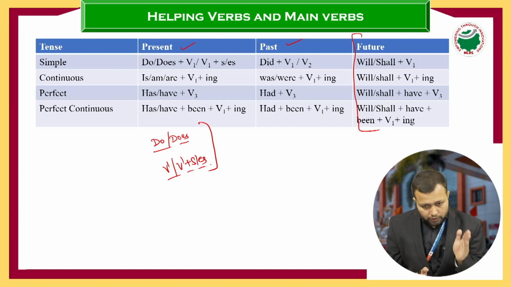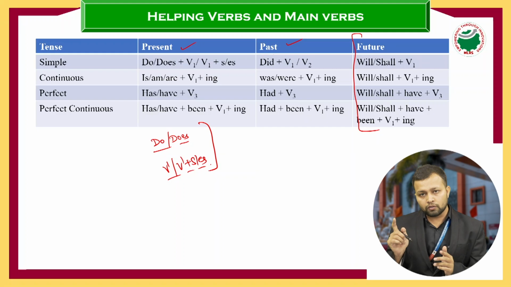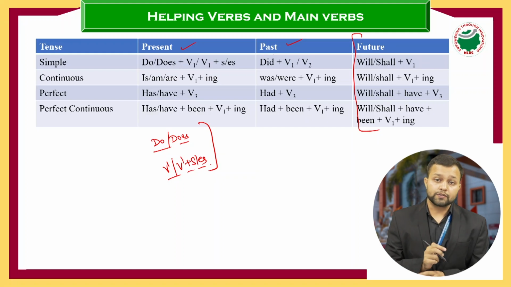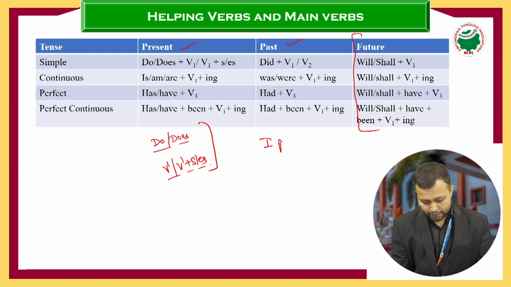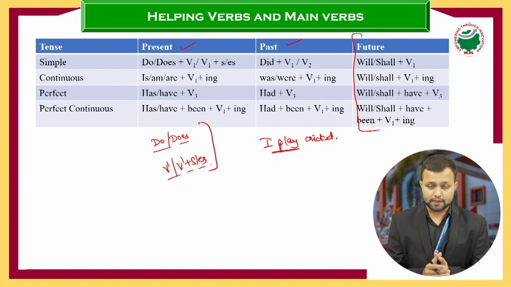The helping verb do or does is used only and only in negative and interrogative sentences. In case of affirmative sentences, we are not going to use any helping verb. For example, I play cricket. Sir, this word play is the main verb. No helping verb is used in this sentence.